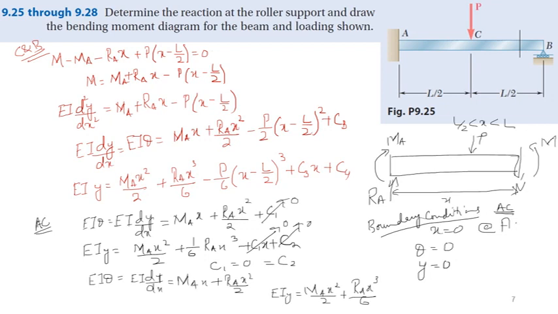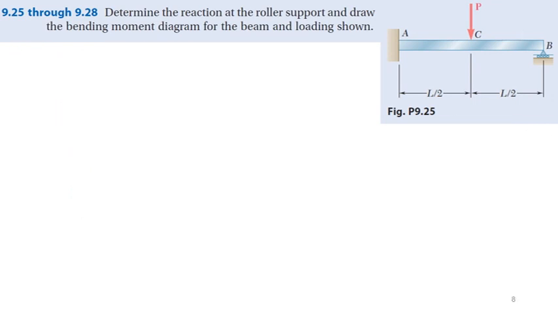Let me write these equations again for the portion AC: EI theta equals MA x plus RA x squared by 2, and EI y equals MA x squared by 2 plus RA x cubed by 6.